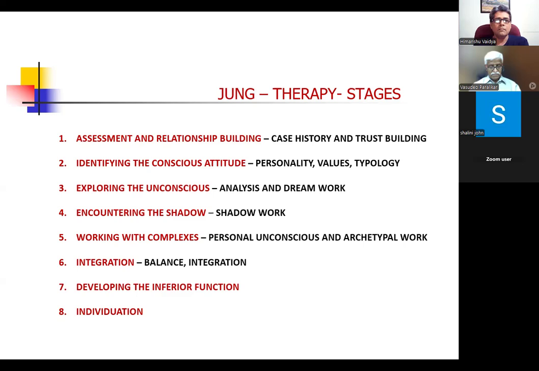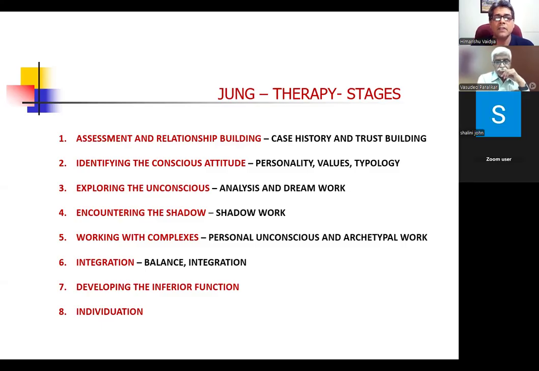The first step is assessment and relationship building. Second is identifying the conscious attitude. Third is exploring the unconscious, largely the personal unconscious, partly the collective unconscious.